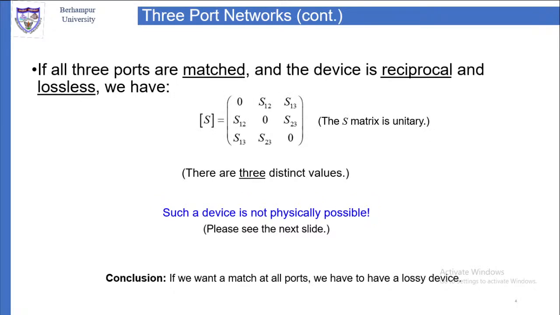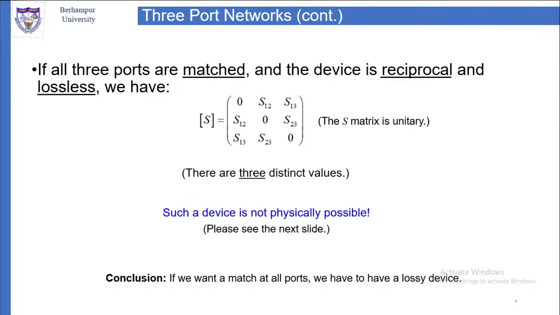Now, when we consider the S matrix, we know there are properties of the S matrix which are to be satisfied. Suppose all 3 ports of the network are matched, and the device is reciprocal as well as lossless.